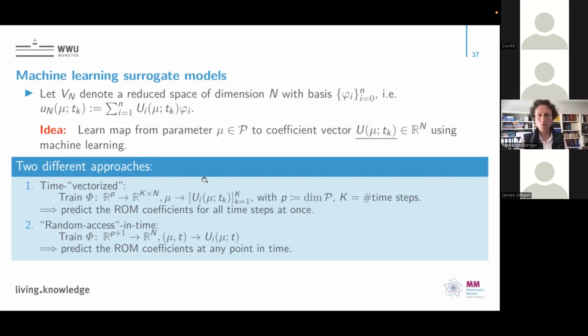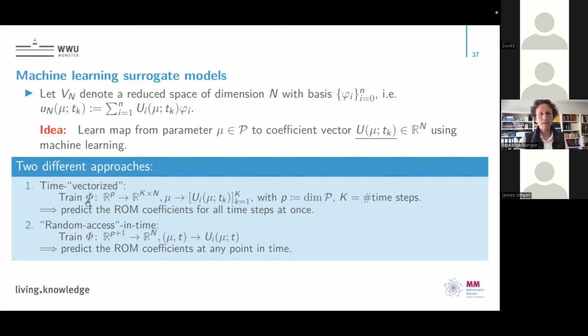And we have two variants of how we do that: a vectorized and a random access variant. So you want to train a machine learning model. This can be a neural network, but in our case, we also very successfully used kernel methods developed in the group of Bernard Haasdonk, the VKOGA.